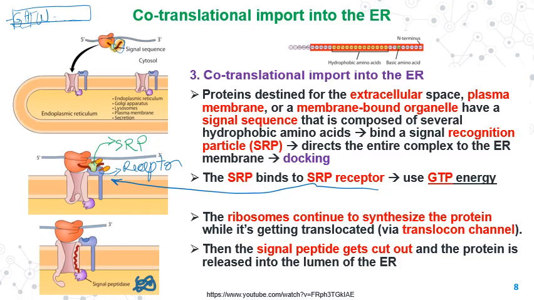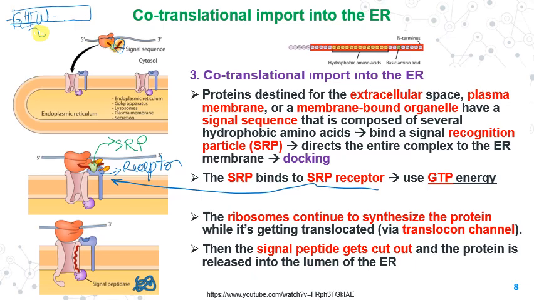It will fold in a certain way that will interact with a protein that is meant to recognize that stretch of amino acids.